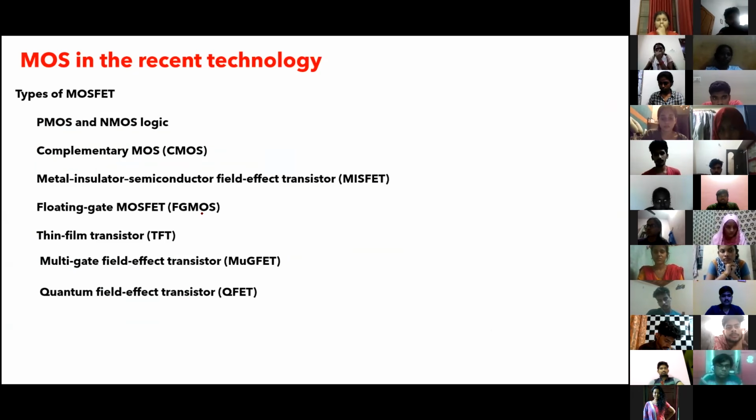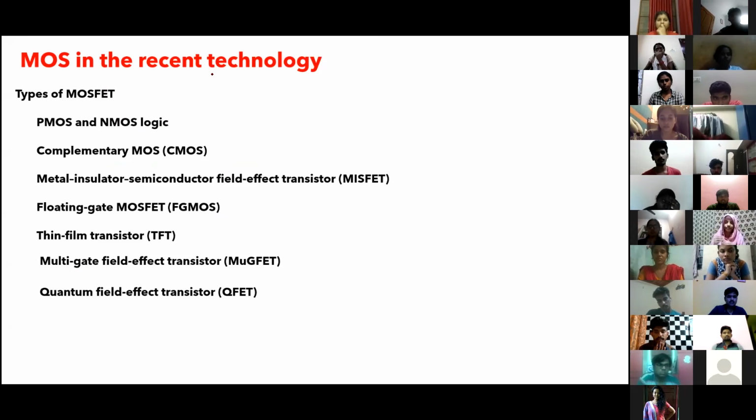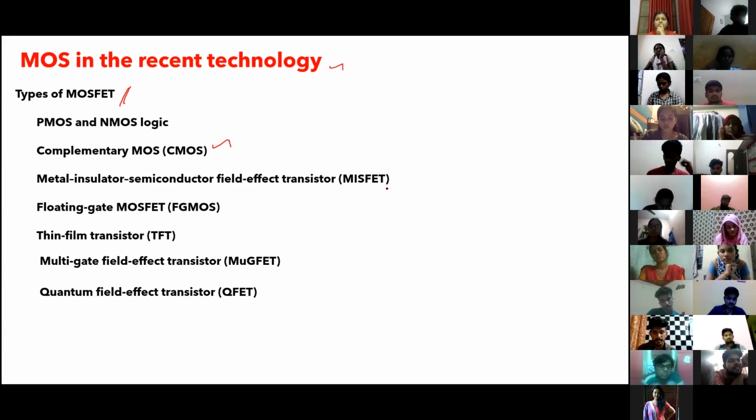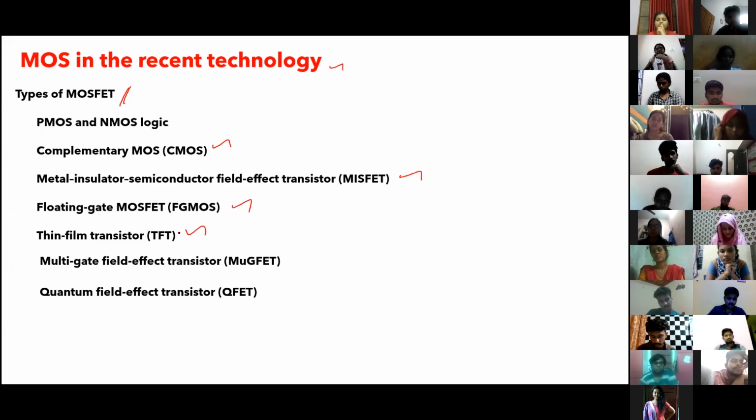I'll just complete with a little more. In recent technology, MOS was started as a simple MOS, but it was used along with the MOSFET, a P-type MOS or N-type MOS, or CMOS, complementary metal oxide semiconductors, and metal insulator semiconductor MOSFETs, floating gate MOSFETs, and thin film transistors, TFTs.